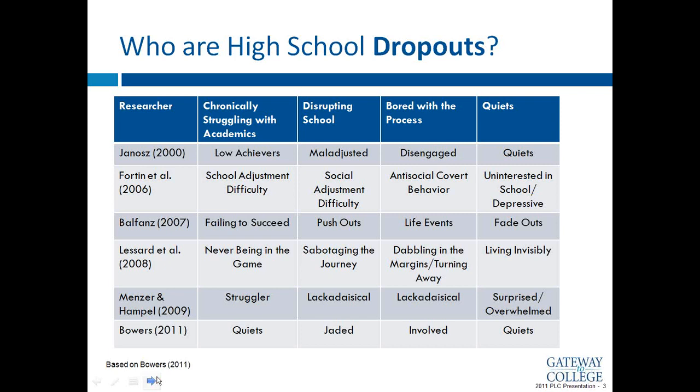He synthesized a lot of research and came up with these 4 names to describe dropouts: students who are failing to succeed; push out, being students that schools might not be so eager to serve and might have helped out, generally students that have had a lot of expulsions and behavioral issues who might be challenging their teachers, those types; students with life events, meaning students who really dropped out because of things that were happening outside of the school context; and fade out, much like the quiet, just students who slowly fell off the radar.